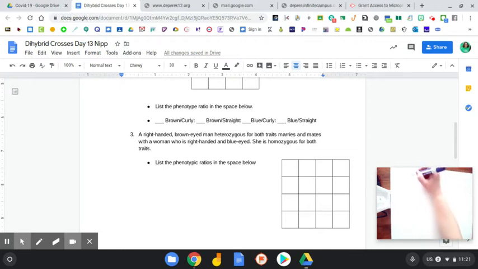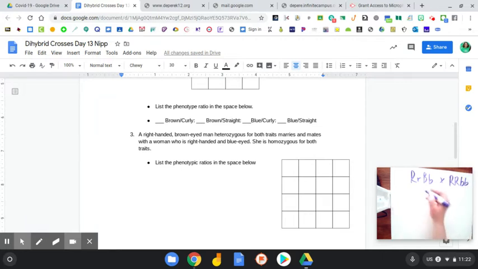The right-handed brown-eyed man is heterozygous for both traits, so I'm going to go big R, little r, big B, little b, crossed with a woman who is right-handed and blue-eyed. So big R for right-handedness, and she's homozygous, so big R, big R, and blue-eyed is little b, little b, because that's the recessive.